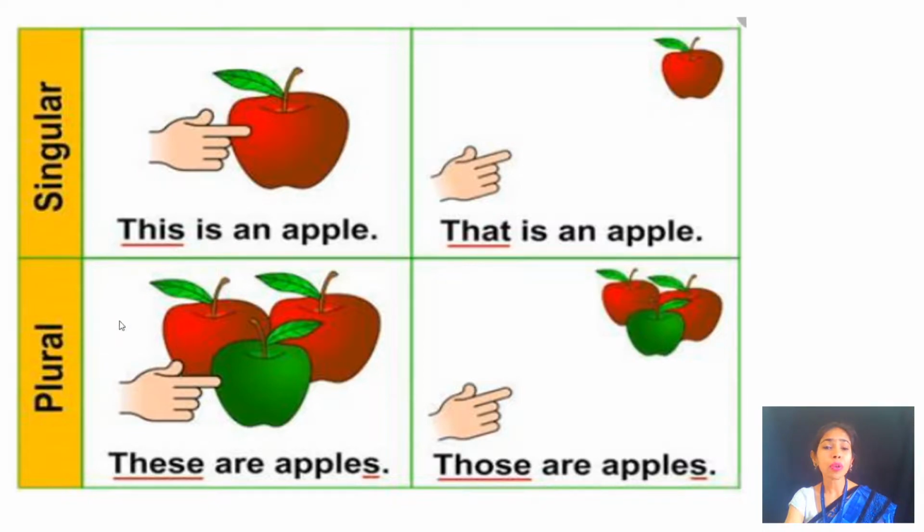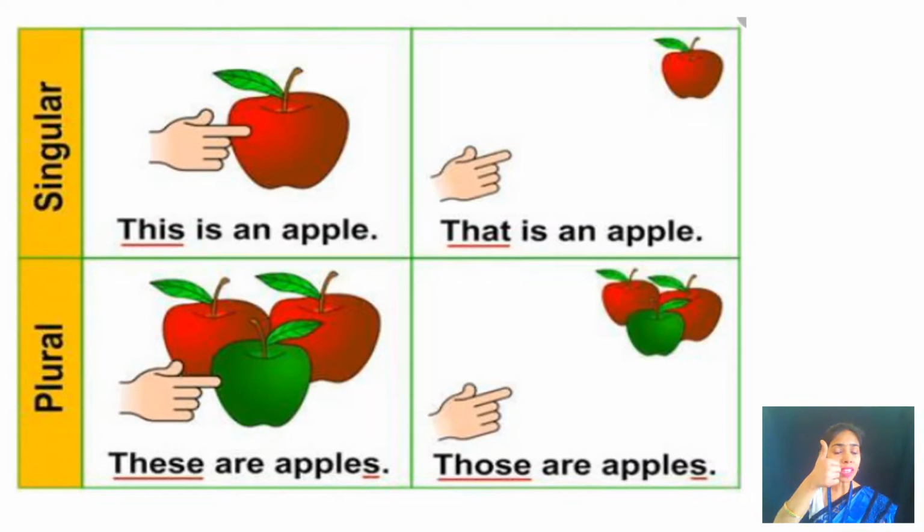लेकिन अगर कोई चीज एक से ज्यादा है, it is more than one, 2 है, 3 है, 4 है, 5 है, 10 है, 100 है, एक से ज्यादा है. So then in the plural form, उसे हम plural form कहते हैं. Singular means one, मैंने आपको पहले भी पढ़ाया था. Singular means one and plural means more than one.